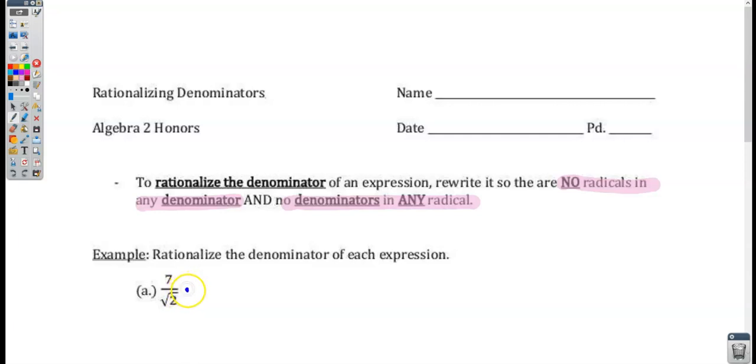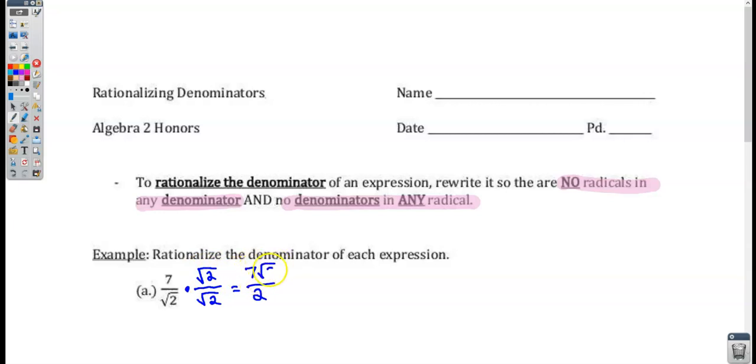So what happens here is if I multiply this denominator by the square root of 2, the square root of 2 times the square root of 2 is just 2. So that will serve to rationalize our denominator. But when we multiply the denominator by square root of 2, we must also multiply the numerator by the square root of 2 in order to preserve the value of this fraction.